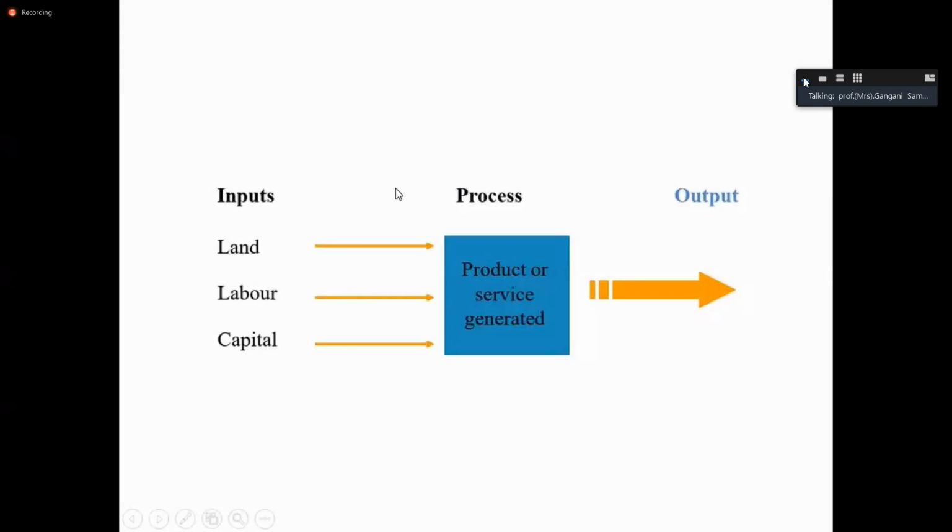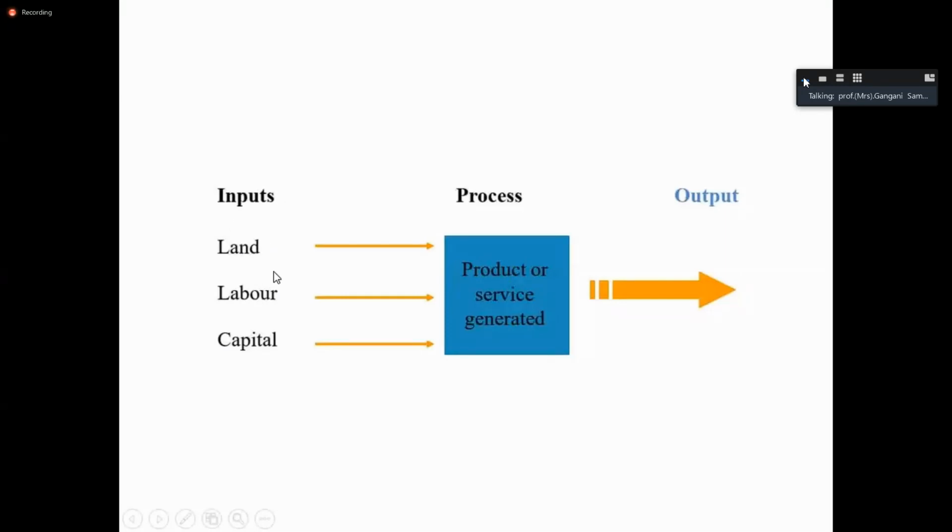So see, these are the examples. So I told production is a process. Okay. So this is a process. You can see the input output relationship. Okay, so input may be land, labor, capital, or any other seeds, insecticides, pesticides.